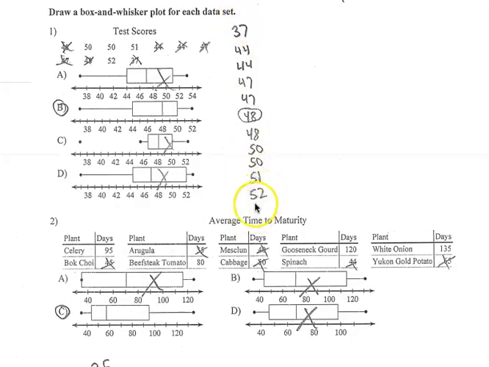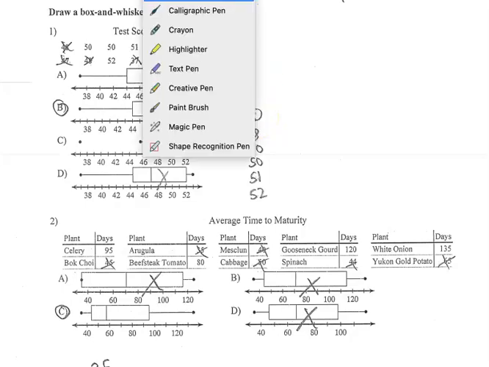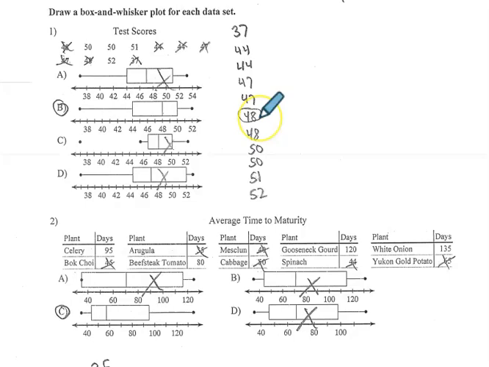Once I did that, I found right here that 48 was the median. I look right here. Oh, no, it's not 48, so this is marked off. This looks like it's at 48. This also looks like it's at 48, but now look, here it says the lowest is about 45. It's 37.